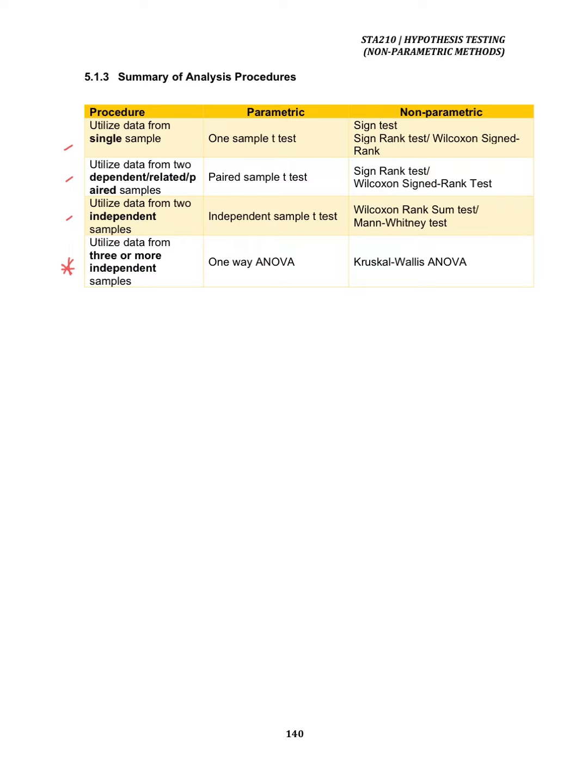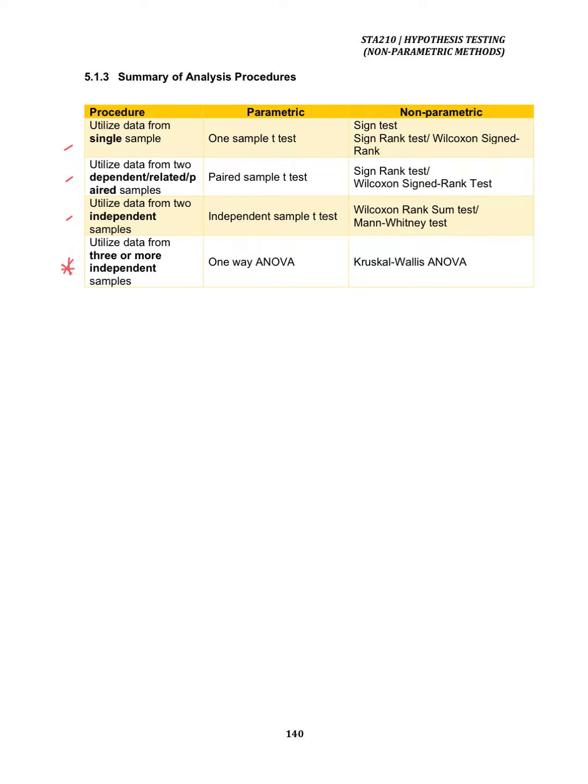And then the third procedure, when we utilize data from two independent samples, from populations that are independent, the parametric test we call the independent sample t-test. But for the non-parametric method, the test is called the Wilcoxon rank sum test, or another name is the Mann-Whitney test.